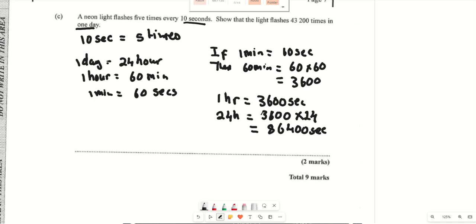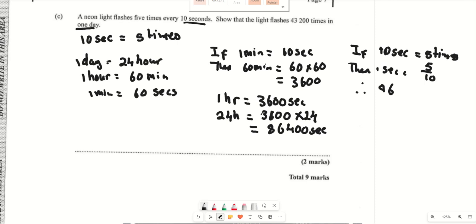So we know that if 10 seconds, we're going back to the first thing, is equals to 5 times, then 1 second would be 5 divided by 10, and therefore we have to find for 86,400 seconds, which is 1 day, would be 5 over 10 multiplied by 86400.